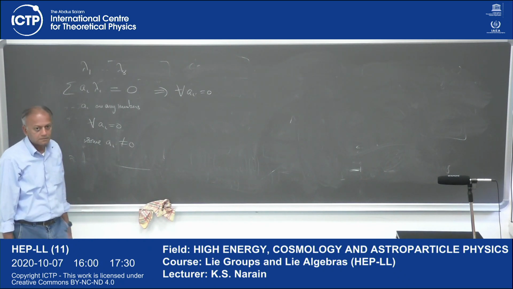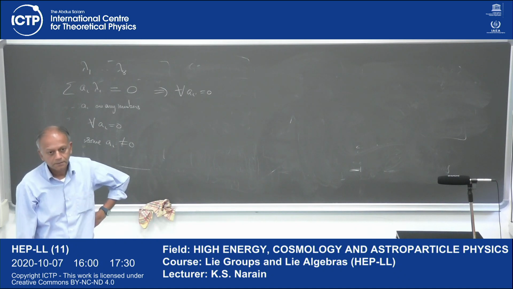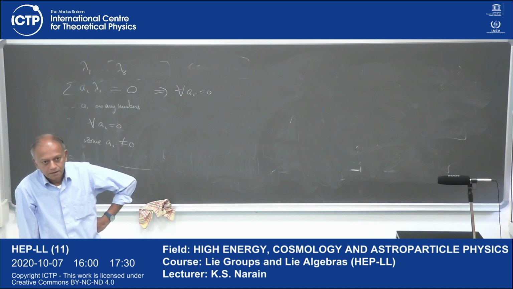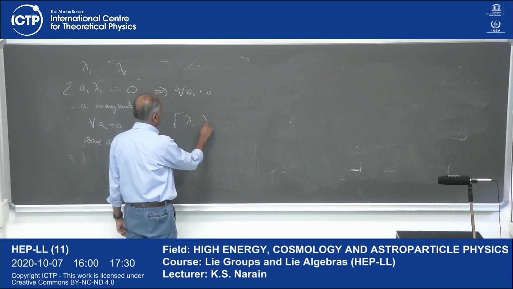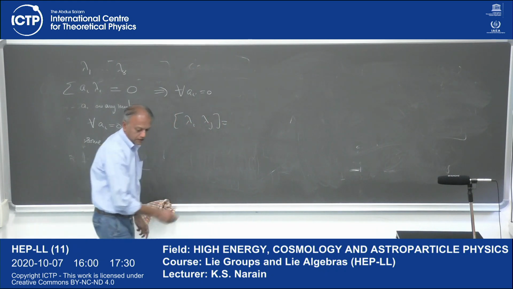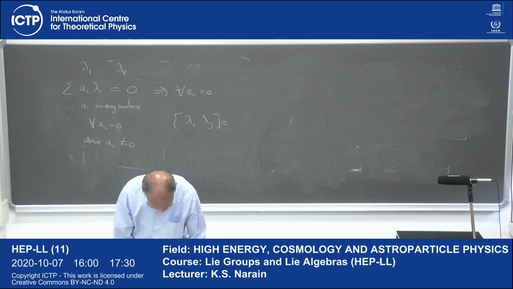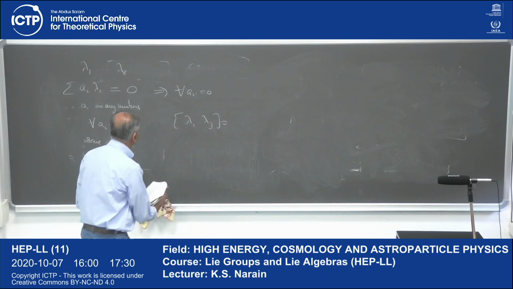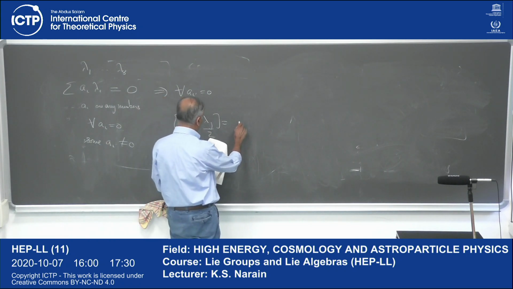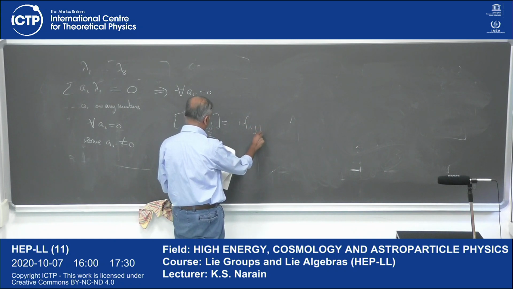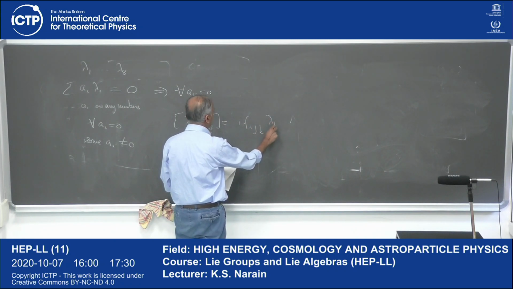If we change the basis, the commutation relation and the trace relation also will not be the same. The structure constants will be different. We had, for lambda_i, lambda_j over 2 commutator, equal to i f_ijk lambda_k over 2.